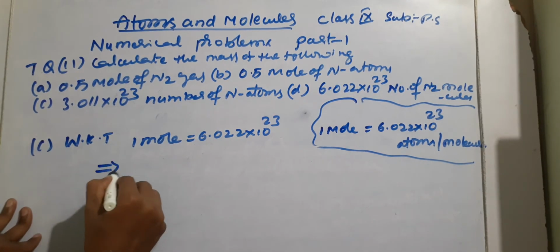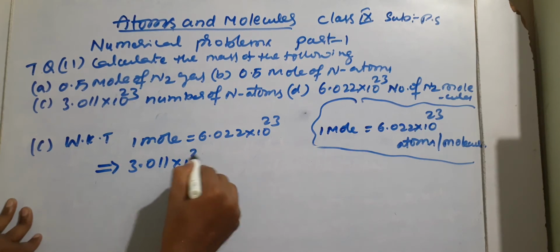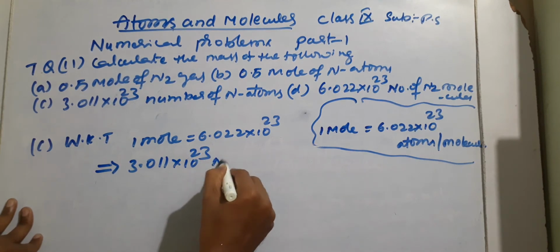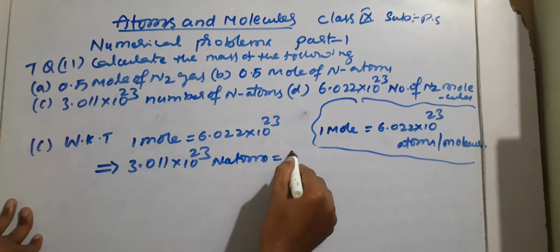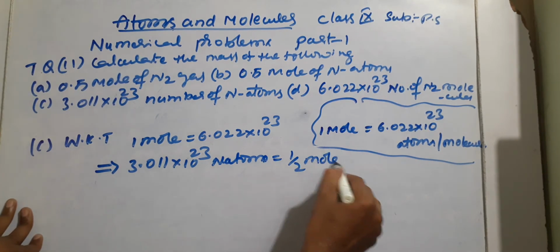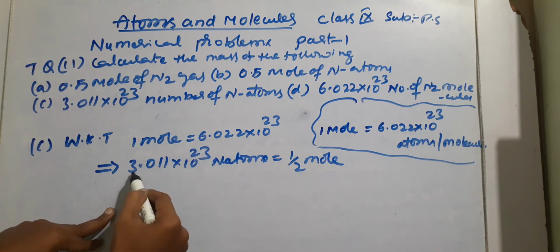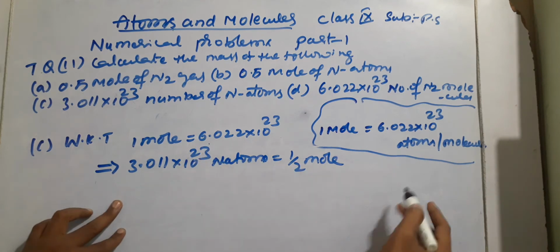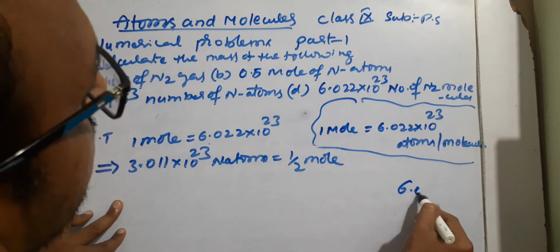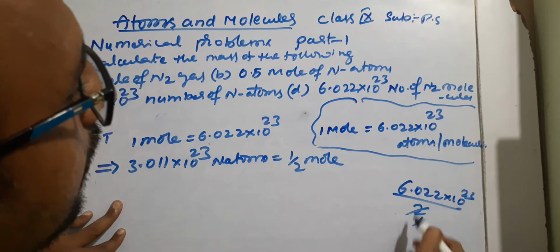So this implies 3.011 into 10 power 23 N atoms is equal to half mole, students. You can see 1 mole means this value. When it is divided by 2, you get 6.022 into 10 power 23 by 2.